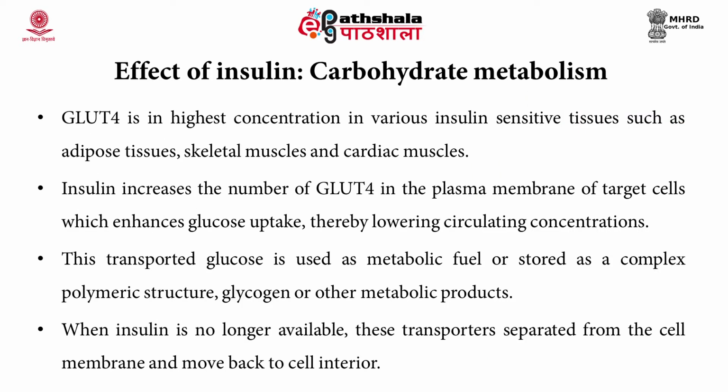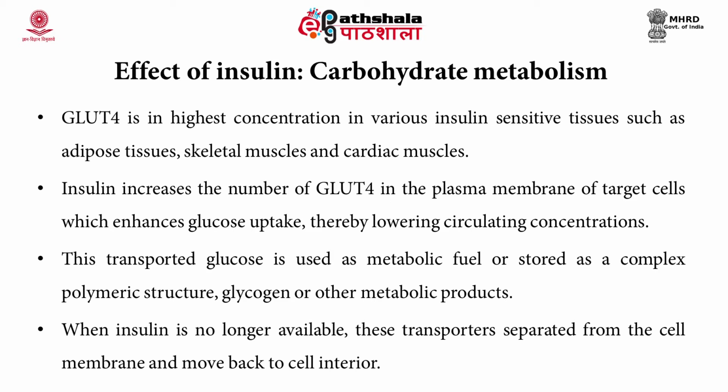Now the question arises, how does insulin affect carbohydrate, protein and fat metabolism? In our body, two important glucose transporters are present, sodium dependent and sodium independent transporters, but only the sodium independent transporter has an insulin responsive isoform.